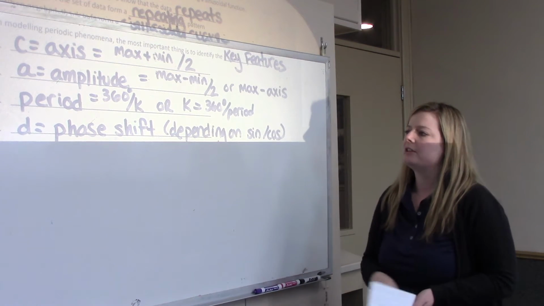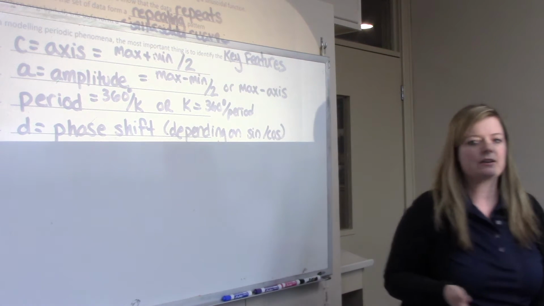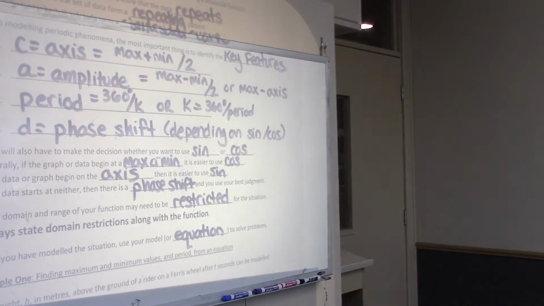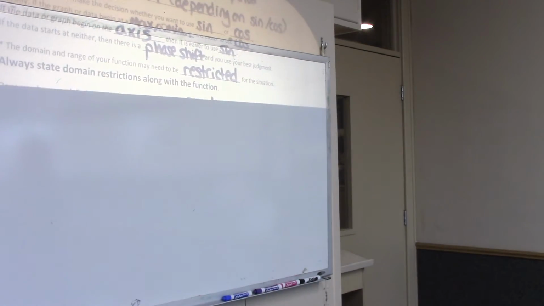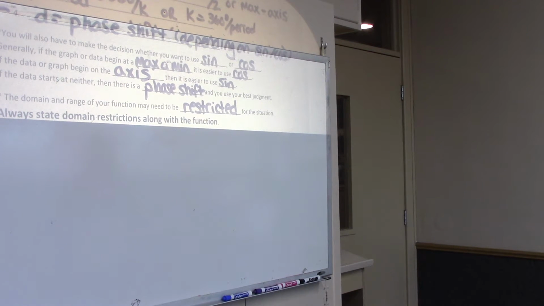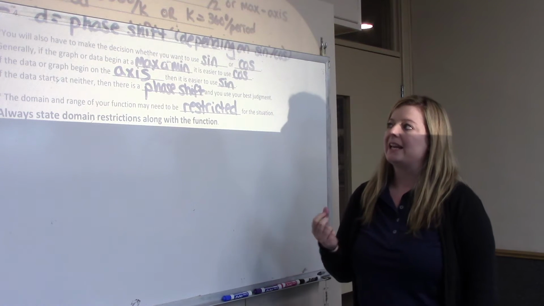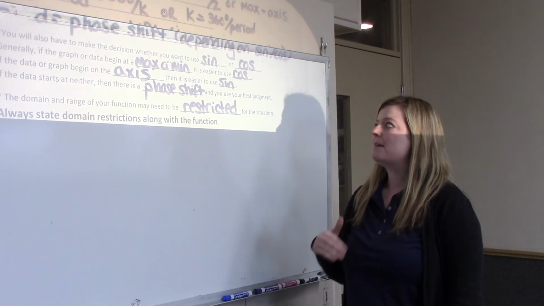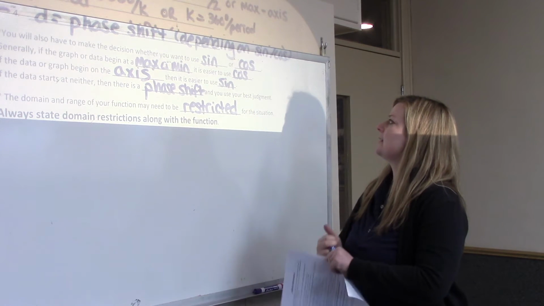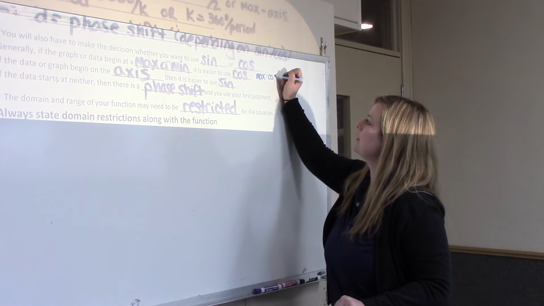And then finally, you look at the phase shift. That really depends on if you choose a sine or a cosine function. Ideally, a lot of times you don't need a phase shift. So you have to decide whether you use sine or cos. Generally, if a graph or data begin either at the maximum or the minimum, then you would use cos. You might want to write this on the side. If it starts at a max, then you use cos.